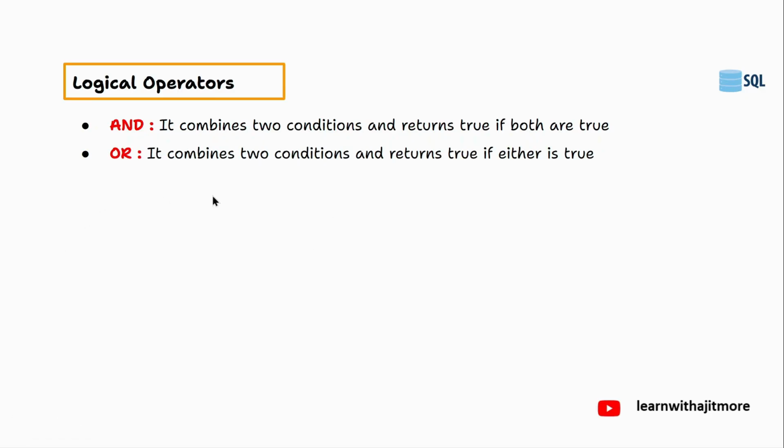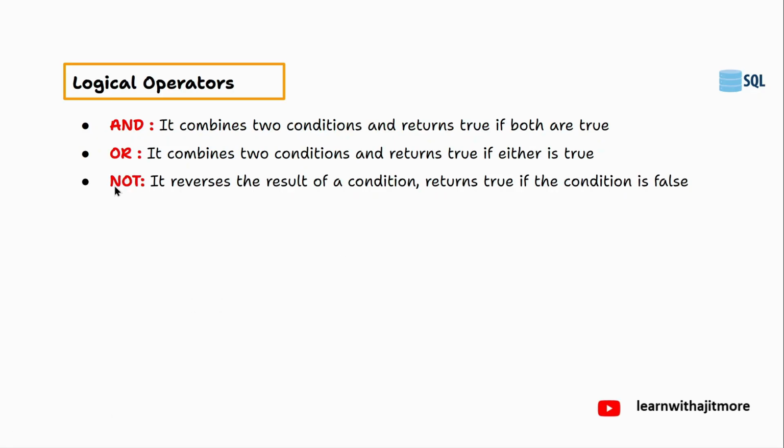Or. It combines two conditions and returns true if either of them is true. Either one being true will also do. And we have not. Reverse. Opposite of the result of your condition. So if the result of your condition is true, not will give false. Result of the condition is false, not will give true.